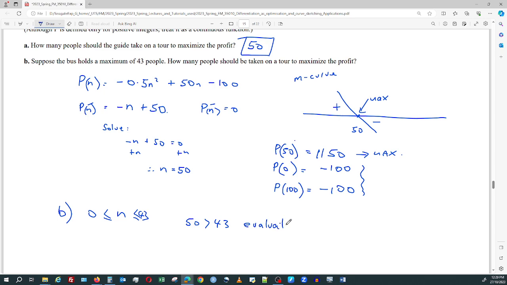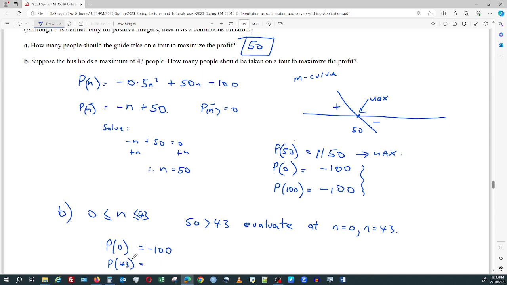Unless 43 comes back with something we don't expect, we're going to have to ignore the 50. Evaluate at endpoints. We know for n equals 0, it's minus 100. 50 doesn't come into it, so we've got to compute 43.